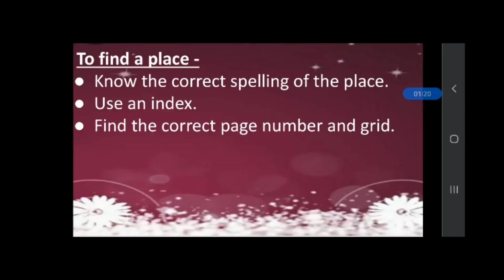And for example, if we are looking for Mumbai in the map of India, on opening the index against Mumbai, it will be written as 21 10A. This means we should open page 21 and look for grid 10A to find Mumbai on the map.